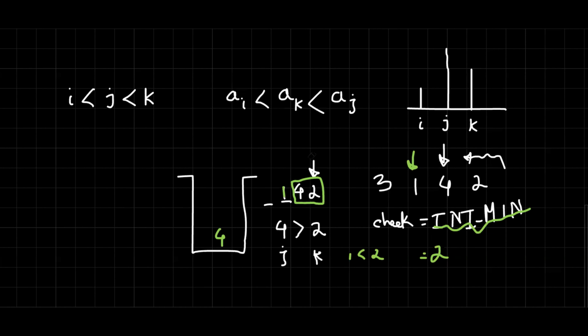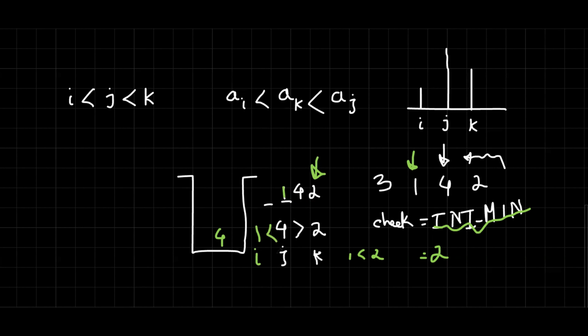Now, what does it mean? Before, when we found our current element is greater than the top element of the stack, we found j and k. Now, again, when we found our current element is less than check, here the check is 2, that means we have found another i.